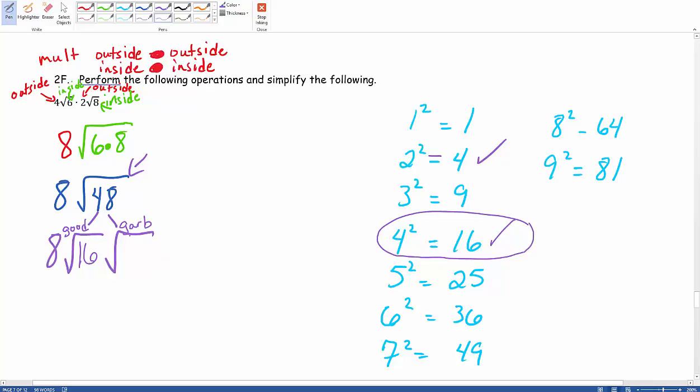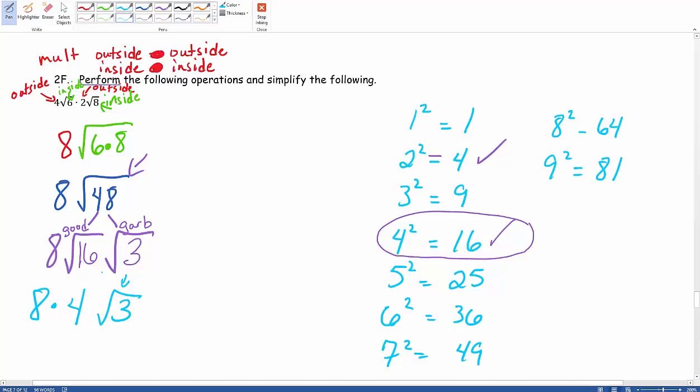It looks like then 3 would have to go inside of our garbage because again 48 divided by our good 16 gives us 3, which goes in our garbage. This 8, we're just going to drop down again. The square root of our good 16 gives us 4. The garbage just drops down.